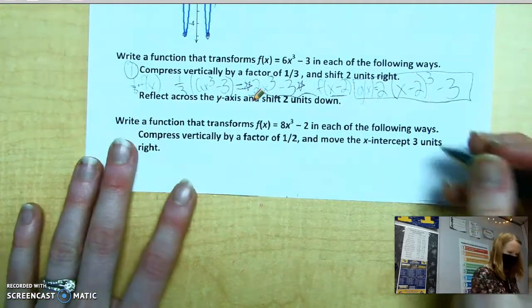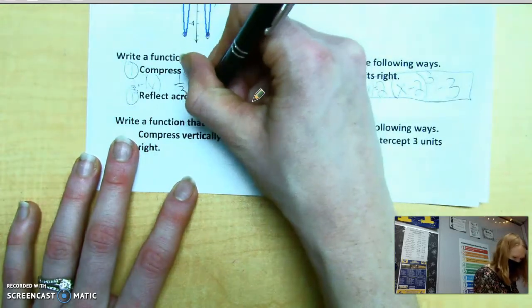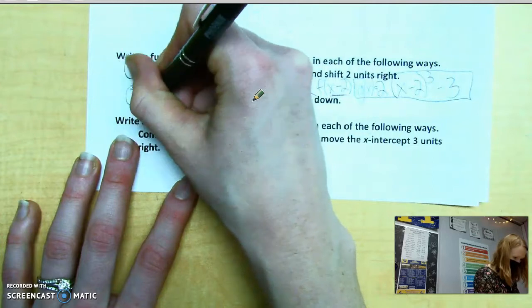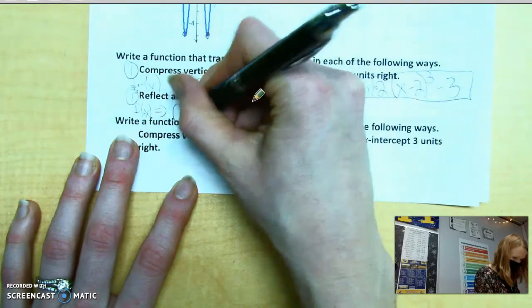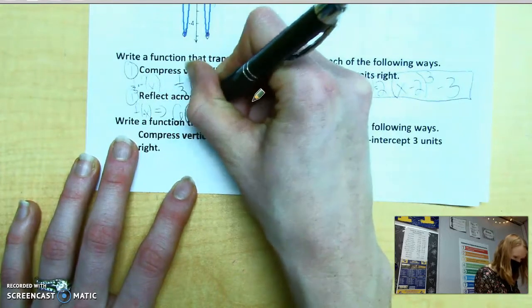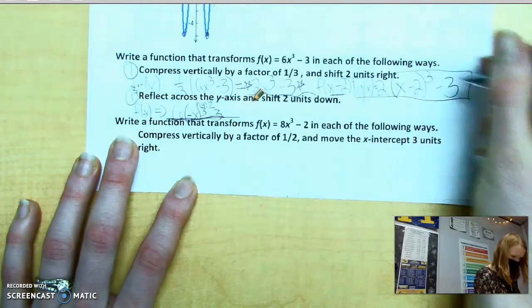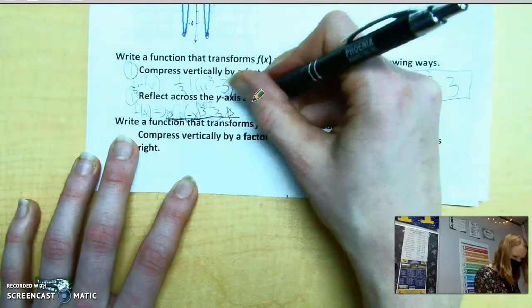Okay, another two-stepper. The first thing we have to do is reflect across the y-axis. That would be a horizontal reflection. So only the x is going to become negative. So if I had 6x cubed, it would be 6 times negative x cubed minus 3. This function is now what you're going to use to shift 2 units down.